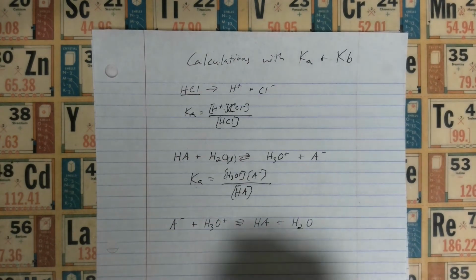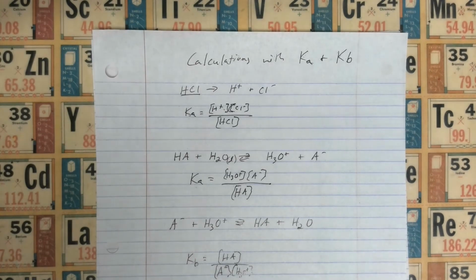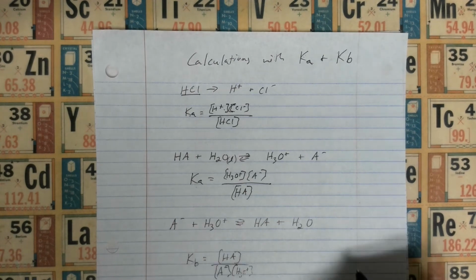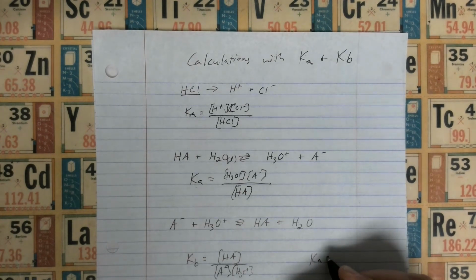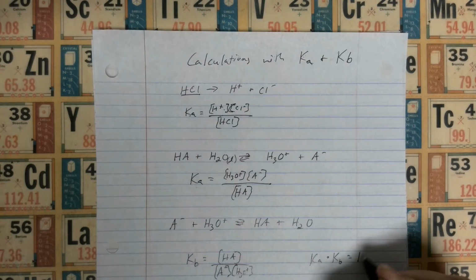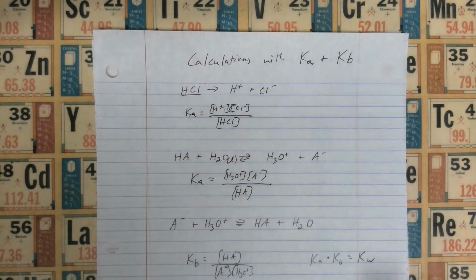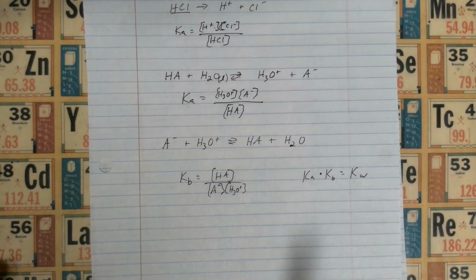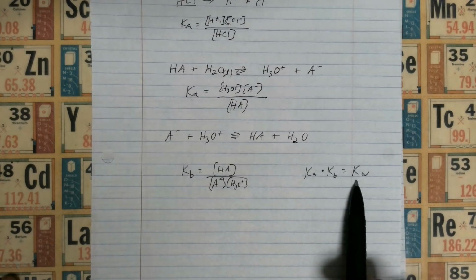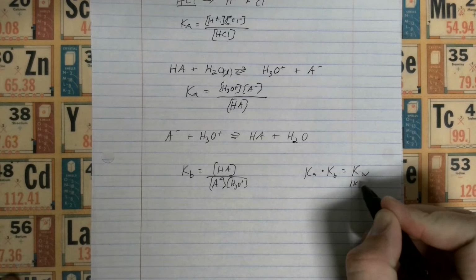Now we're talking about Kb, right? And Kb is going to be HA times the hydroxide over A minus. But how do I know the Kb? Well, Ka times Kb equals Kw, the equilibrium constant for water, the autoionization constant for water, which is 1 times 10 to the negative 14th.